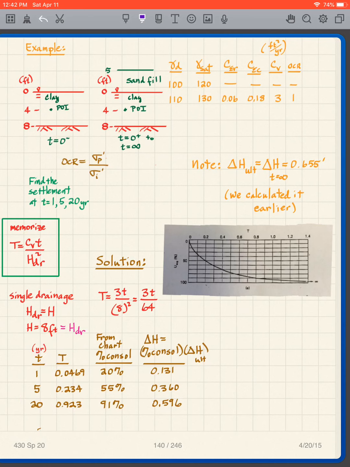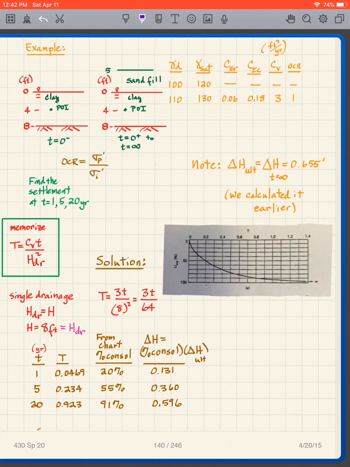But now I go into my chart. So I got T is equal to 0.0469. Well, where's that? That's in here someplace. My T of 0.234, I'm in here. And then my T of 0.923, I'm here. So I read off my values of percent consolidation for each one of those T's.